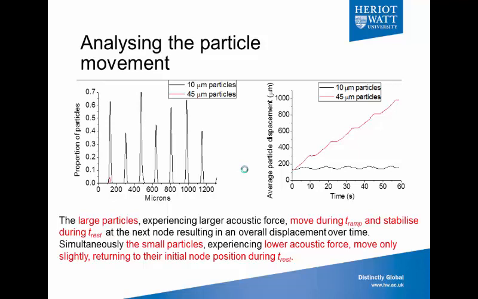Again, what you can see here is that your large particles in red move with the field, and this is like a T-ramp, so they just move and then rest at the next node, and then move again to the next node and rest. While the smaller particles that are in black just try to move with the field and go back to their initial position.